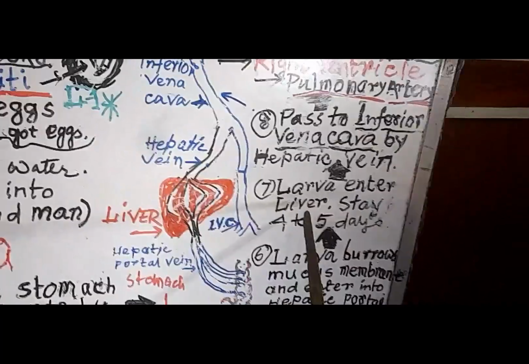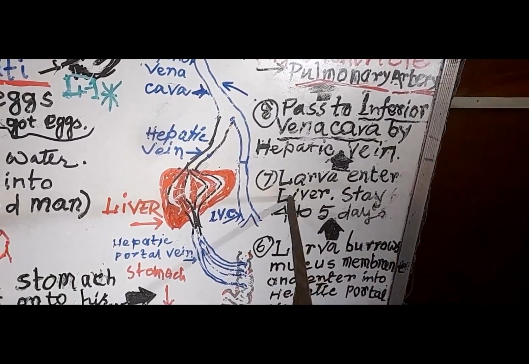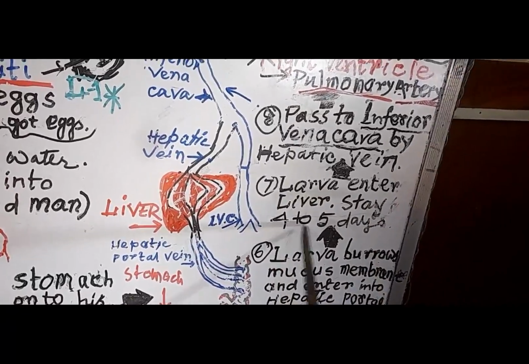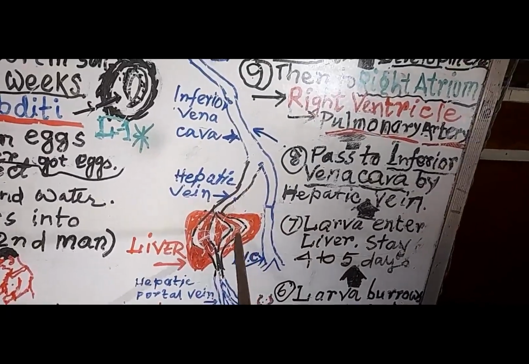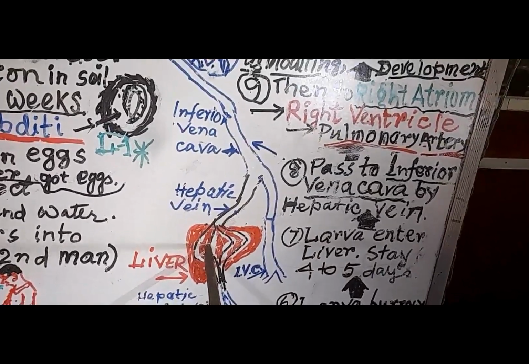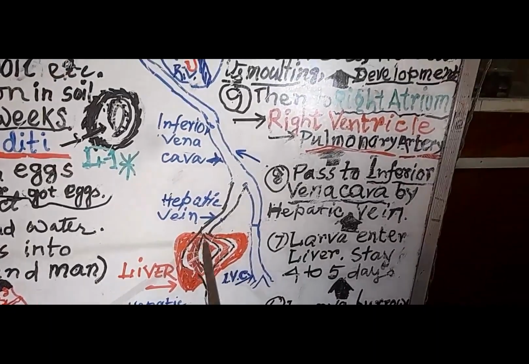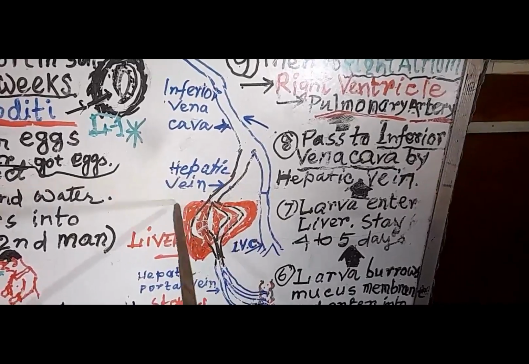Thus, the 7th point, the larva enters the liver and stays there for 4 to 5 days. After completion of the 5 days, it comes out and searches its way through the hepatic vein.